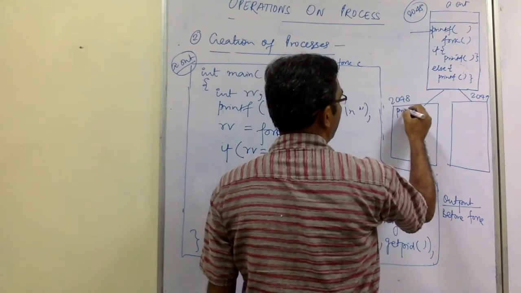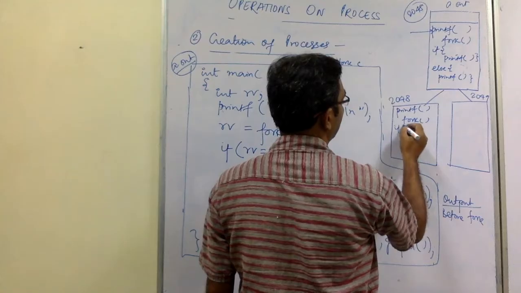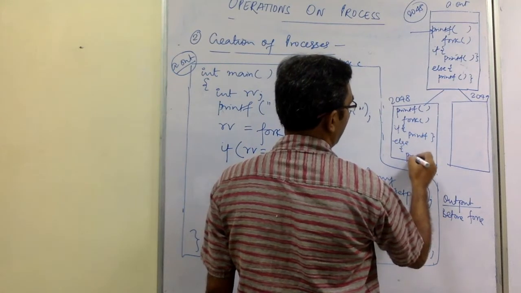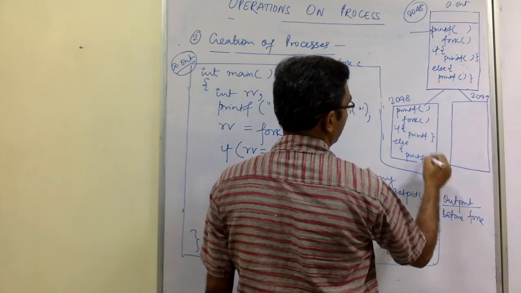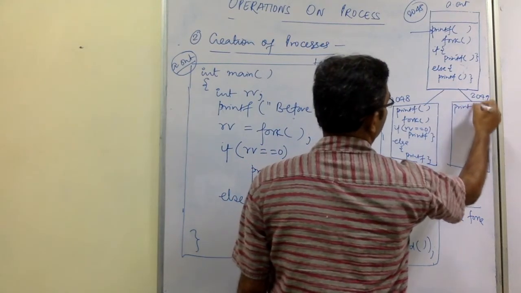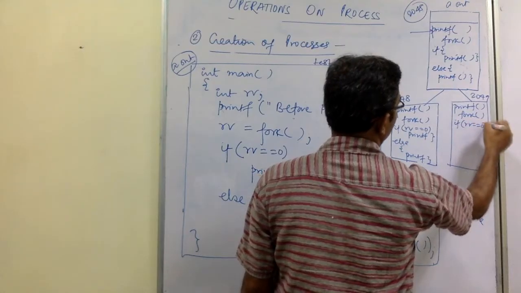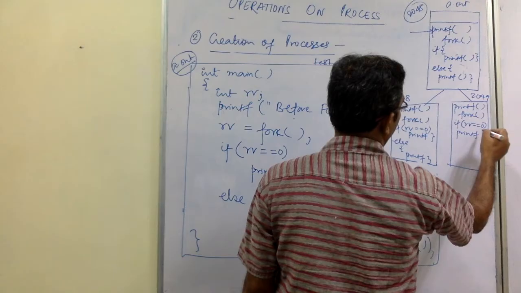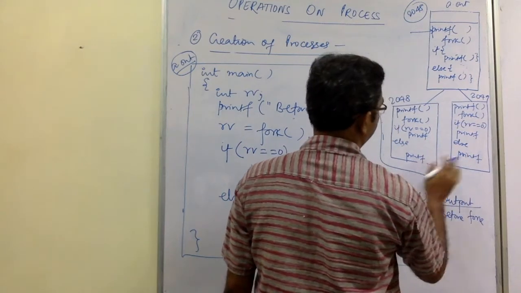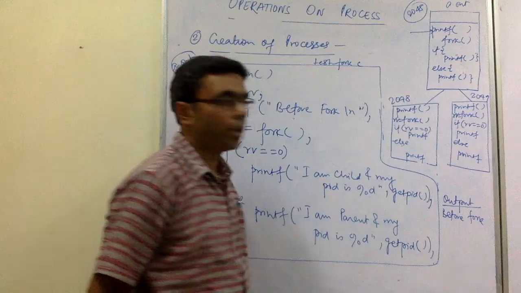So you'll have the same printf, and we'll have the fork, the if block with rb equal to 0, a printf here, and the else block with a printf here. So this is rb, this is rb.